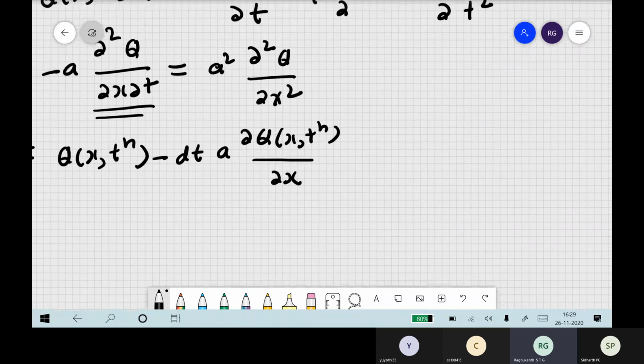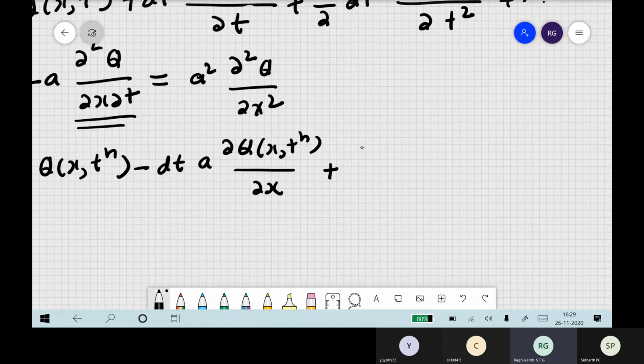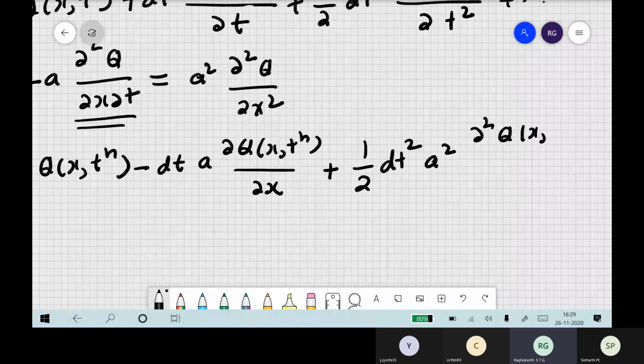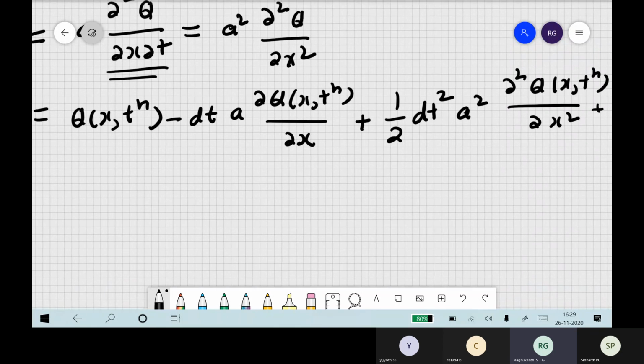So we have replaced now the time derivative with space derivative. Then half dt square. So now the space-time derivatives we replace with space derivatives. Then you do the central difference scheme for these space derivatives.